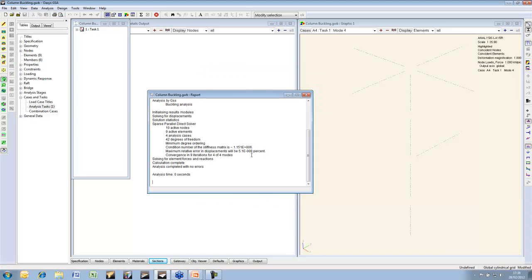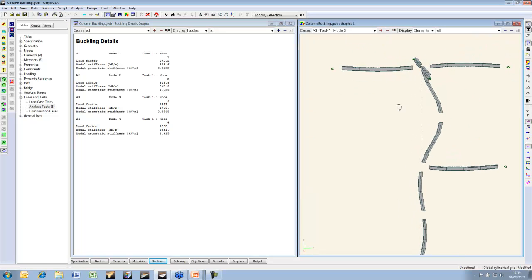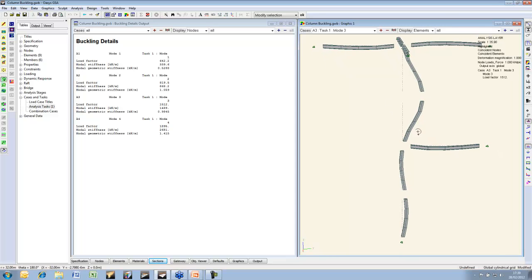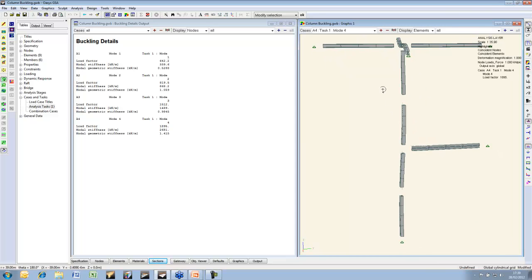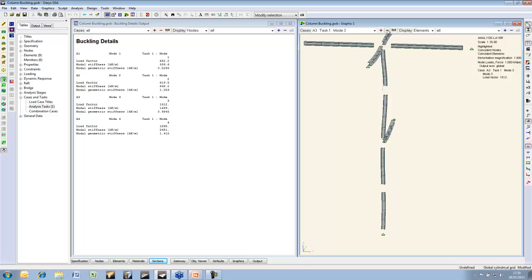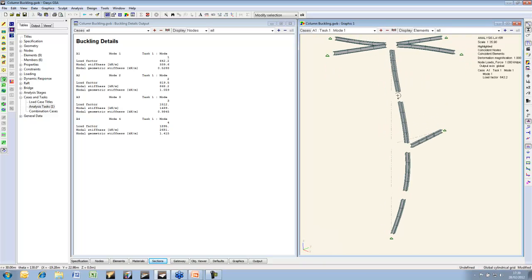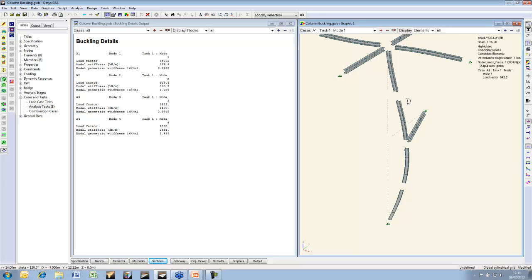So I'm just going to rerun that, and what we now get is more separated load factors, and we see we're getting mode 3, sort of minor axis double buckle and major axis double buckle. So more sensible looking buckling shapes.